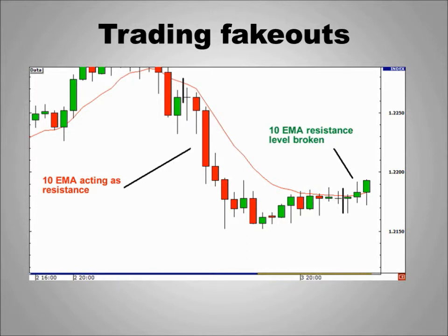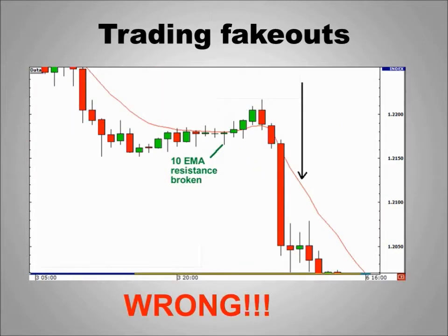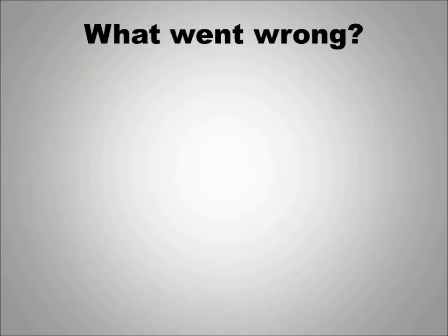However, we see some new bullish candles breaking above the moving average. This means that the market may be bullish in the future. Oh no, what happened? The market has continued its bearish trend.